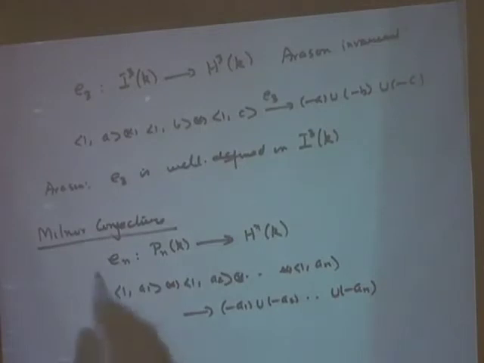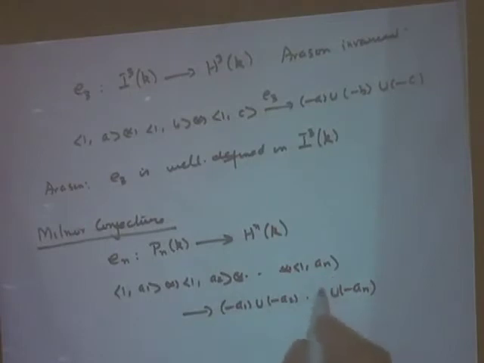So first of all, a priori you take an element in P_n K. There are several ways in which you can write it as an n-fold Pfister form. There is no uniqueness for these a_i's. So if you send it to this, the first question is, is this map well defined? Okay, that is part of the conjecture. It is well defined.